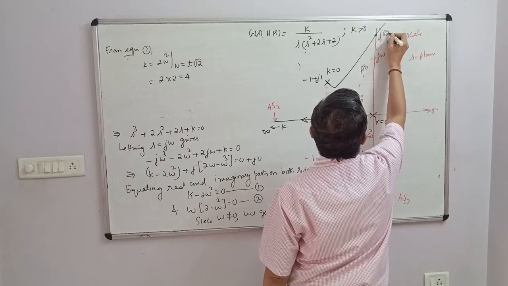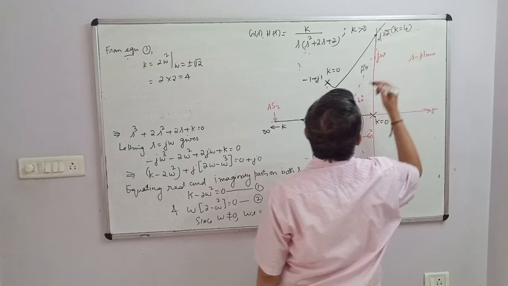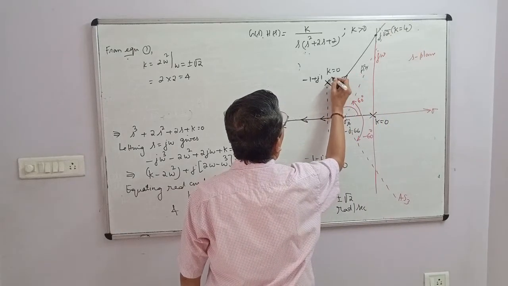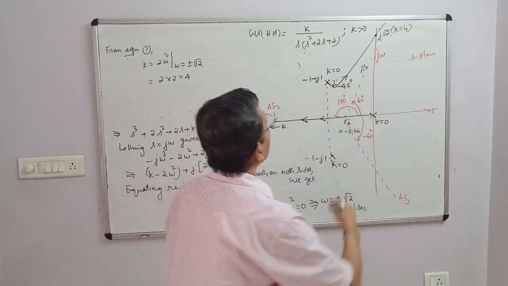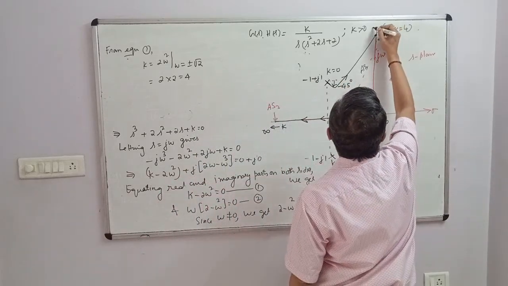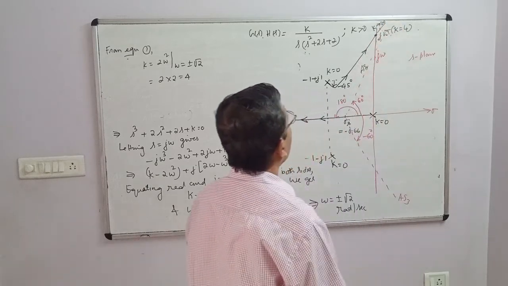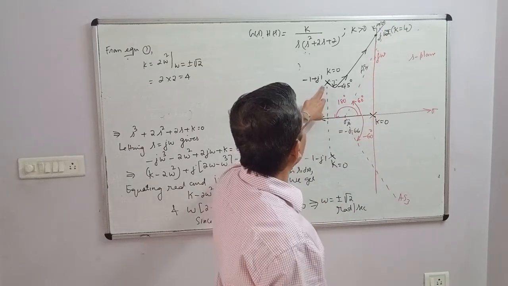This is j root 2. Value of k is 4. This is the angle of departure. This angle of departure is minus 45 degrees. This goes to meet the zero at infinity. K is increasing in the direction of the arrow. At the pole the value of k is 0.